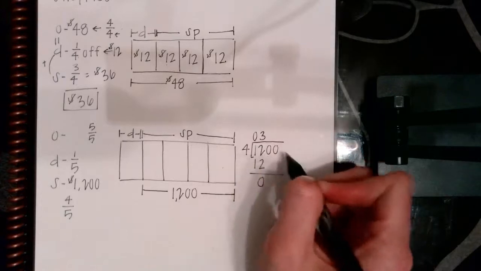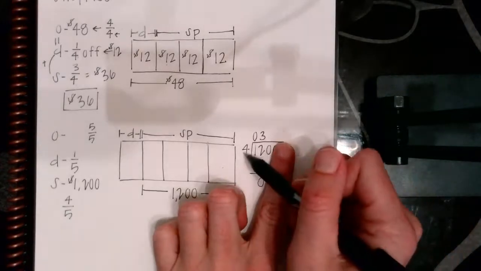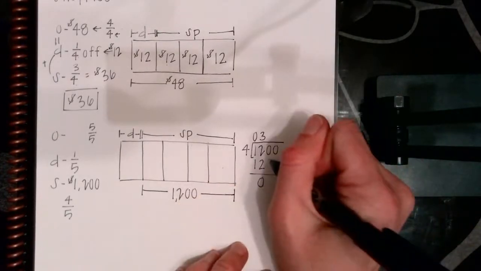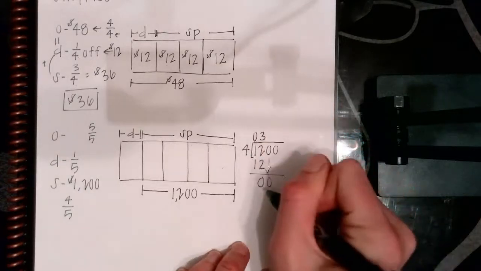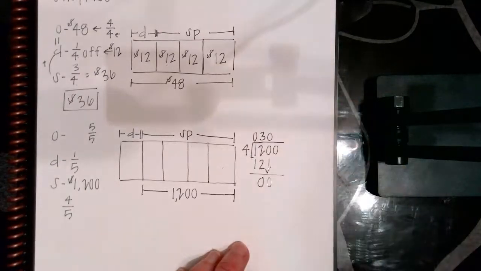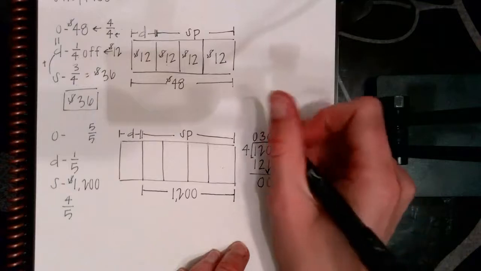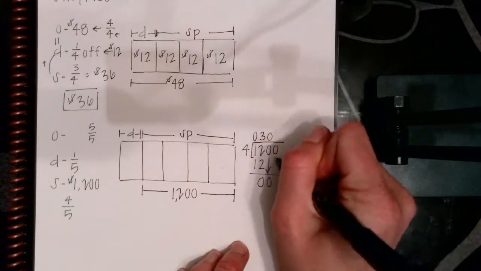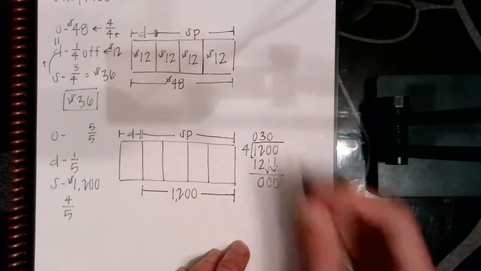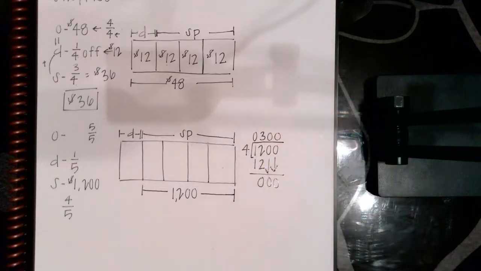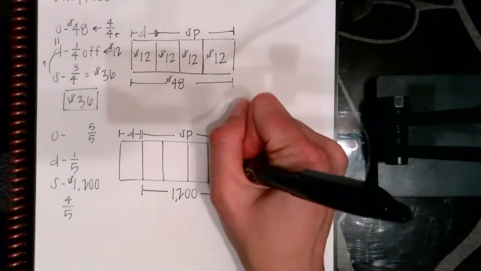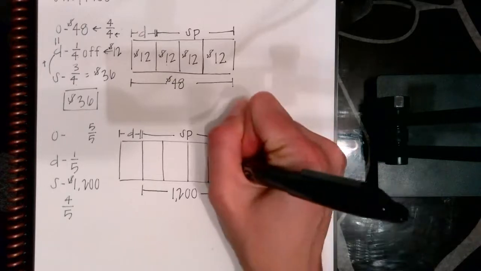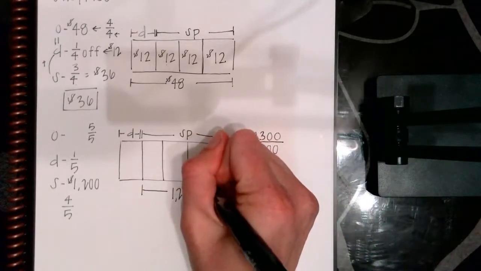Instead, you have to keep dividing. So 4 goes into 0, so bring it down. 4 now goes into 0, 0 times. 4 then goes into 0, 0 times. Meaning that 1,200 divided by 4 is 300. So that means each of these boxes are worth $300.